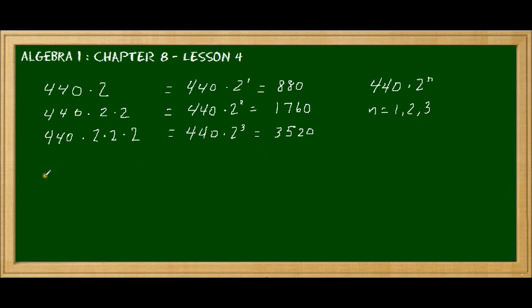Well, we have 440 times 2 to the 0 power. Okay, well, we would have 440 because we know anything to the 0 power would be itself? Well, let's prove it here.